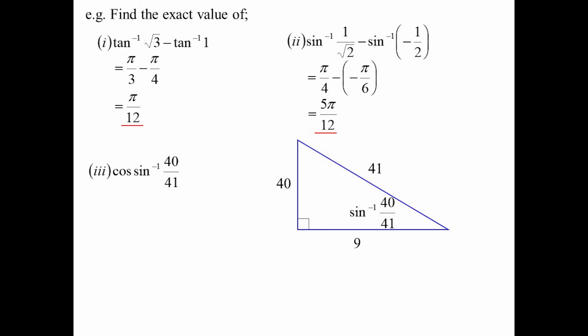So I'll say, all right, let's imagine it's this angle down here at the bottom of the triangle. If the sine ratio is 40 on 41, then the opposite is 40 and the hypotenuse is 41. Bit of Pythagoras, and we can find the other side's 9. So now the question is just really saying, what's the cosine of that angle? And I can read it off the triangle. Adjacent over hypotenuse is 9 on 41.